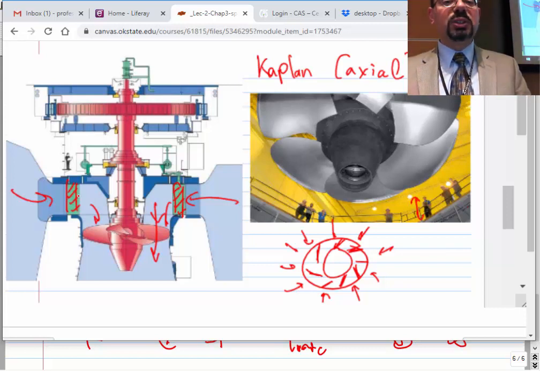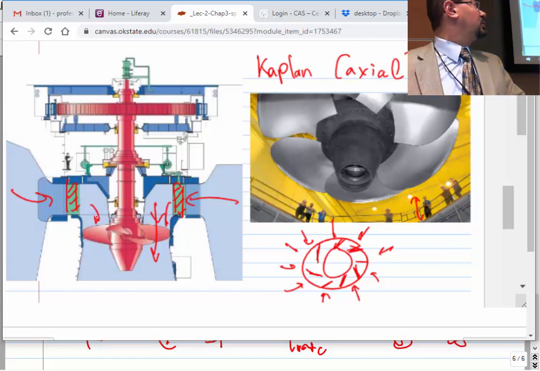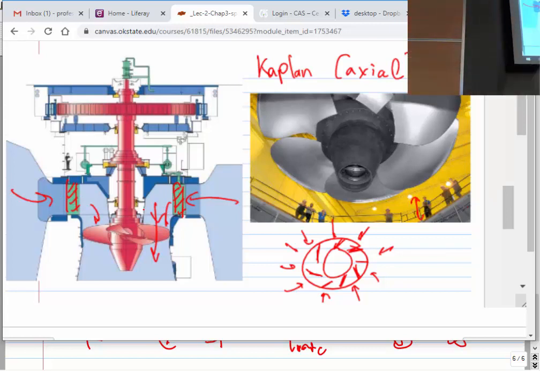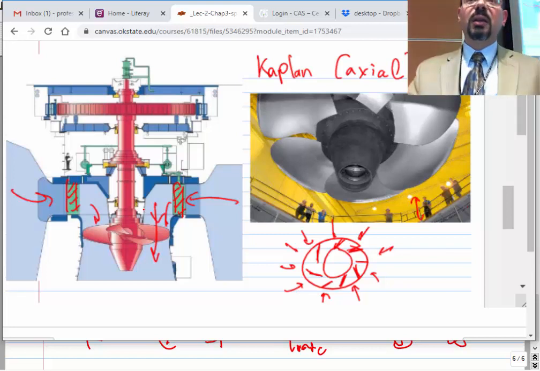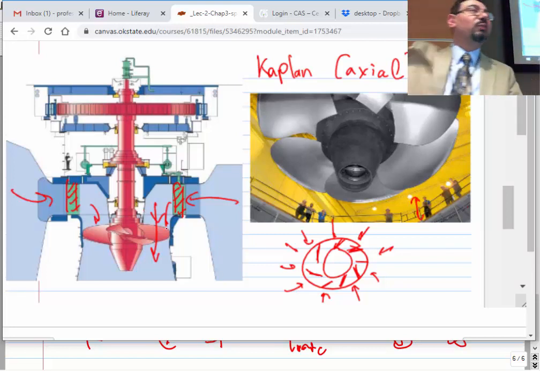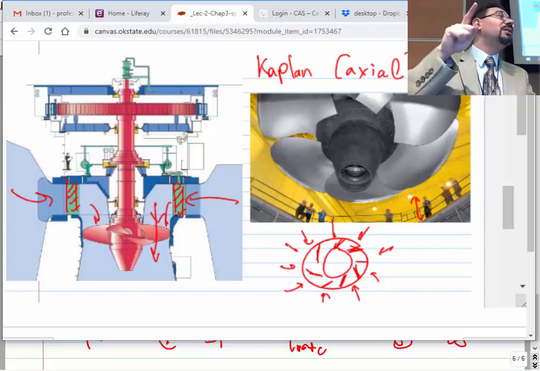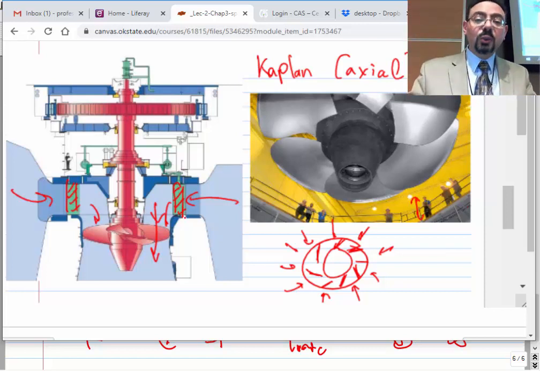So you have all those guide vanes, and those guide vanes get the flow coming into the stator swirling, right? And so you come in with V1 theta, huge V1 theta, and then you leave with V2 theta equal to 0.